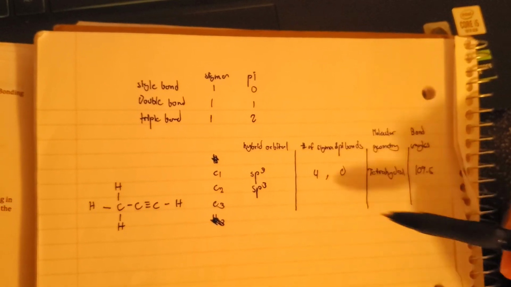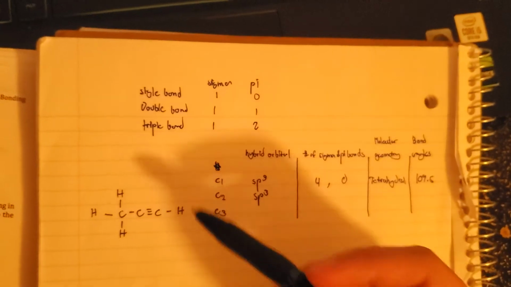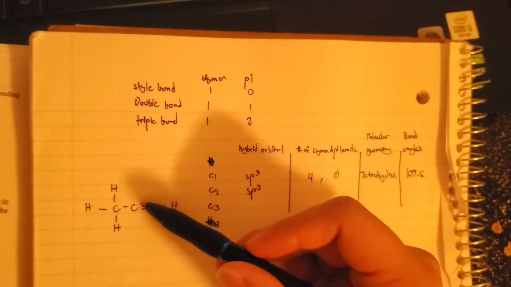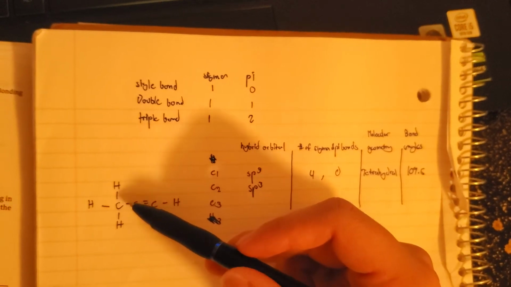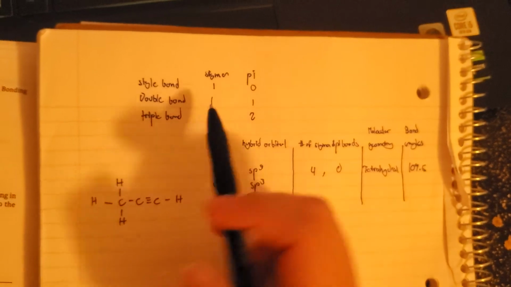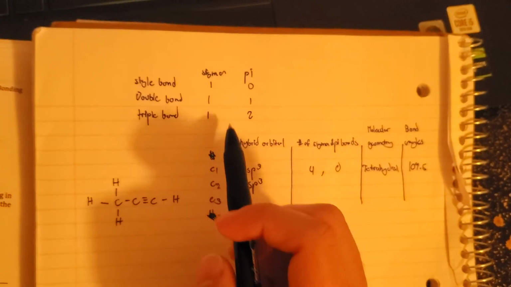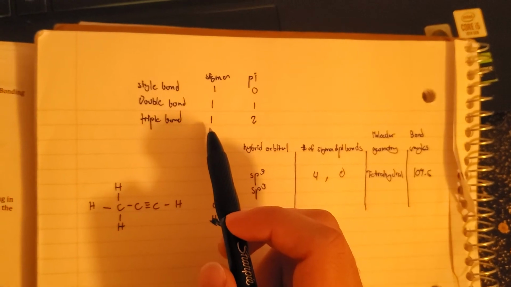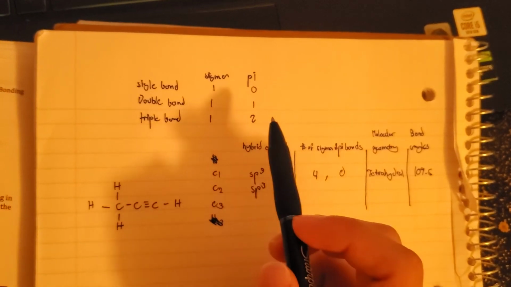Next is the number of sigma and pi bonds. As I discussed earlier, this already has a triple bond and a single bond. Looking at the rules I wrote above, one triple bond equals one sigma bond and two pi bonds.